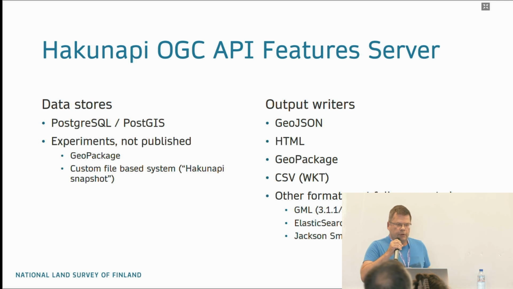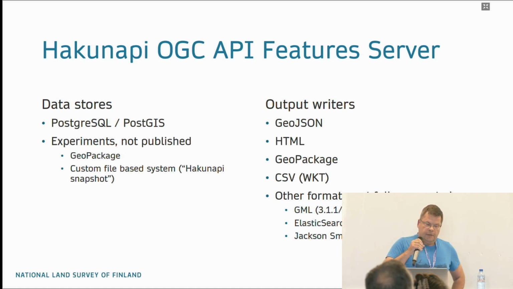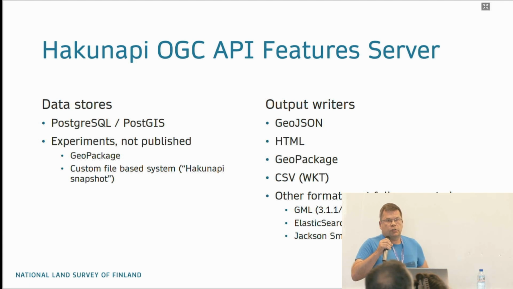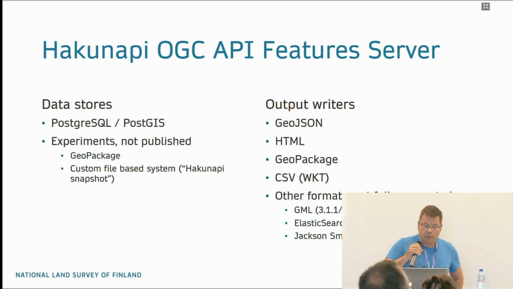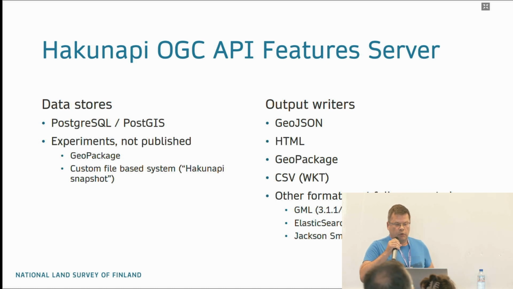For data store, there is only PostGIS data store fully supported, and for output, the main output is GeoJSON, but also HTML for web browsing is supported, and also GeoPackage and some other formats have been also tested but not fully supported.